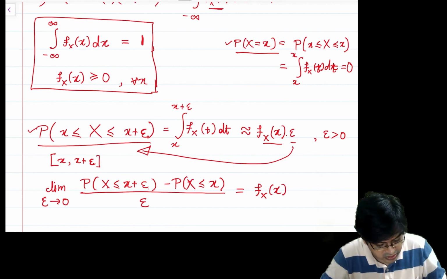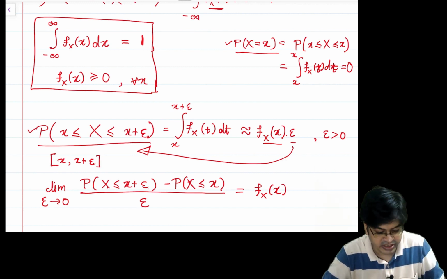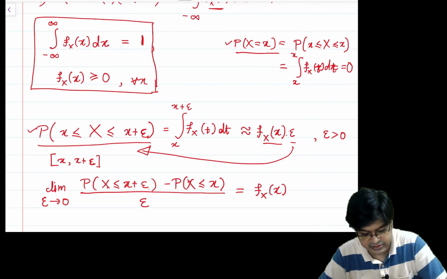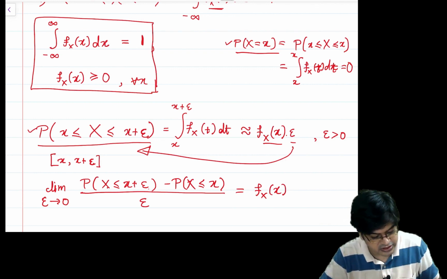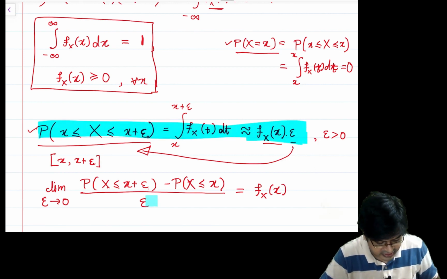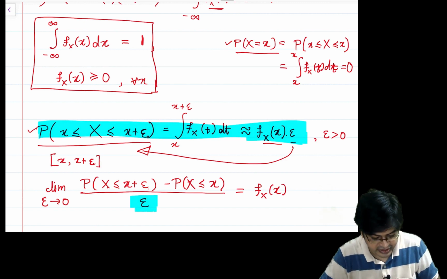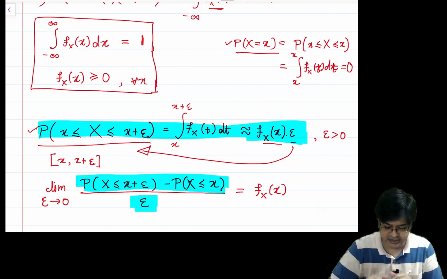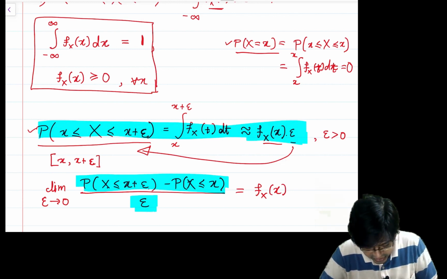Remember, the value at x does not matter, because the probability of X equal to x is going to be 0. So if I use this definition, that is f_X(x) into epsilon, and take this epsilon to the denominator, that is what I have done here, and rewrite this probability, then what I am getting is the density function.